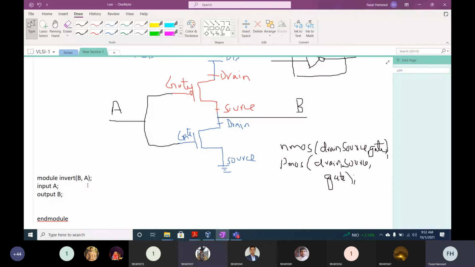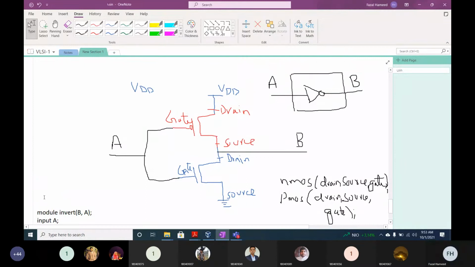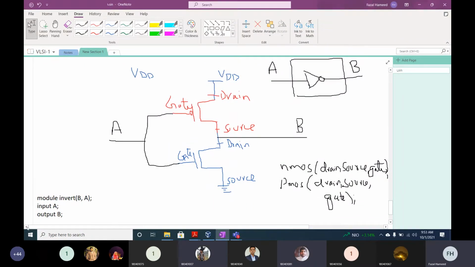So if I'm writing for the PMOS, if you look at the schematic above, the first parameter, or the first input, of a PMOS is drain. Where is the drain connected? VDD.